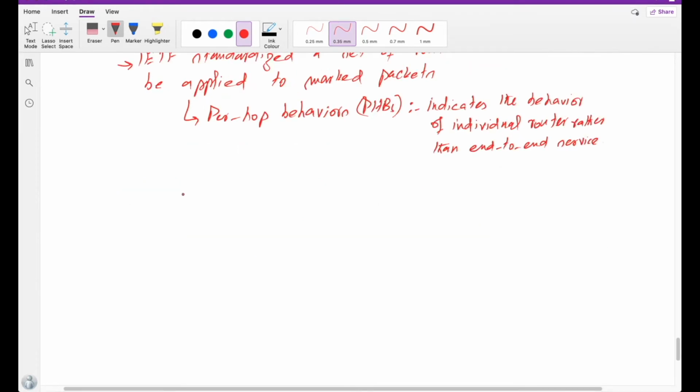Since there is more than one new behavior, there is a need to have more than one bit in the packet header. So this means we have to modify the type of service field.